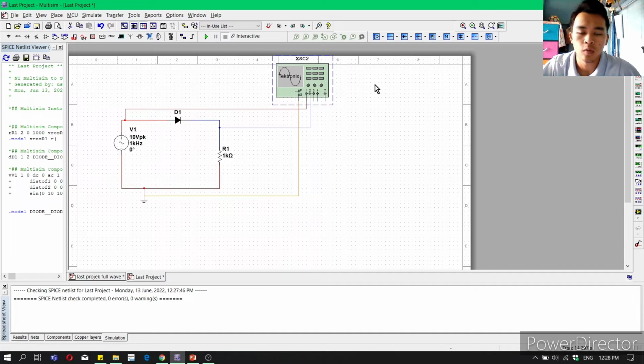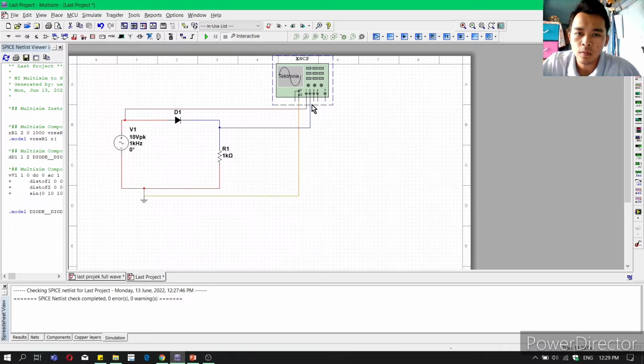Today, I want to present about half-wave and full-wave rectifier using Multisim software. To measure the value, I use a Tektronix oscilloscope. I use 10 volt and 1 kHz for the power supply, 1 diode, and 1 resistor, which is 1 kilo ohm. For channel 1, for the input signal, I connect the wire between the power supply and diode.